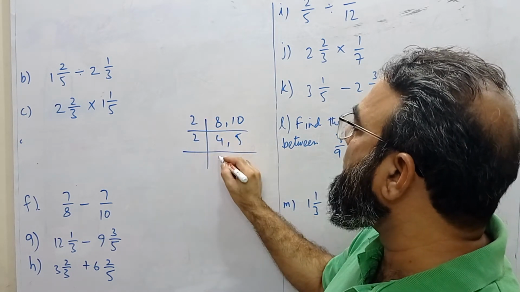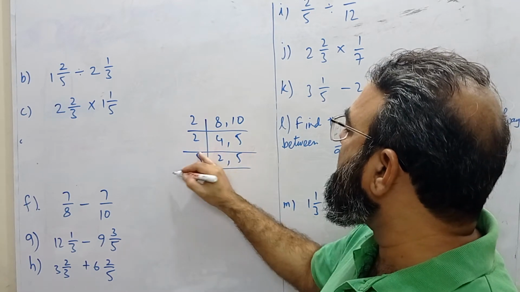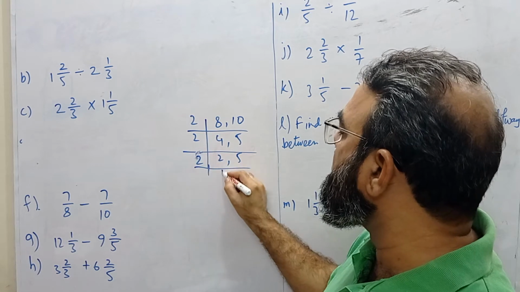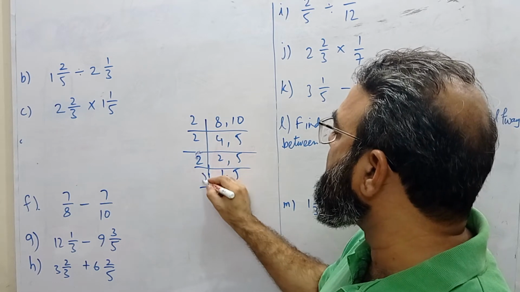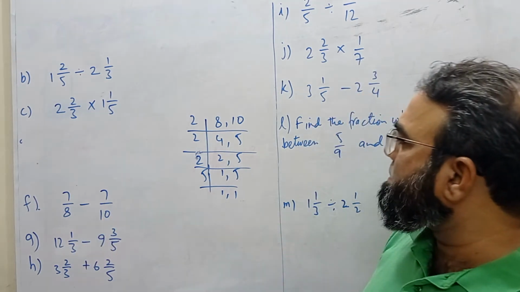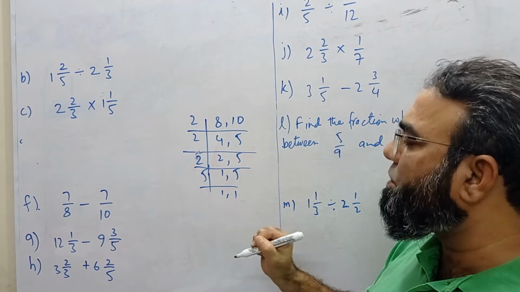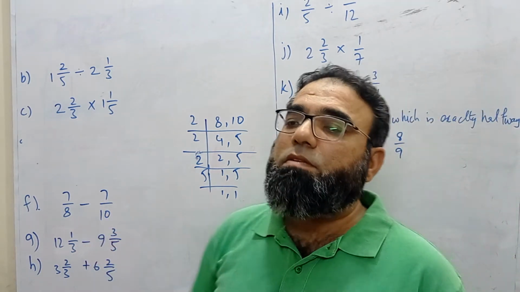This is 2 times 2, and this is 5 as it is. So the LCM of 8 and 10, if you look at this, is going to be 2 times 2 is 4, times 2 is 8, times 5, that is 40. So the LCM of 8 and 10 is 40.